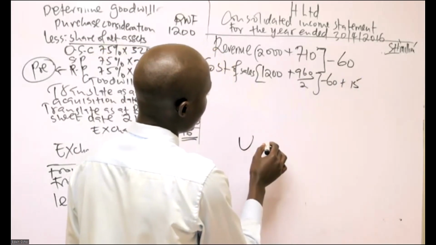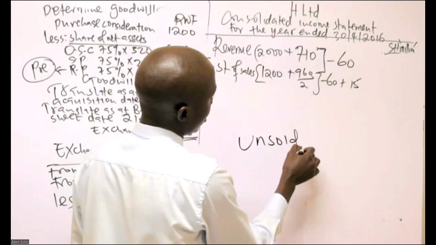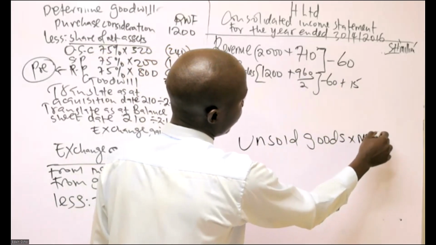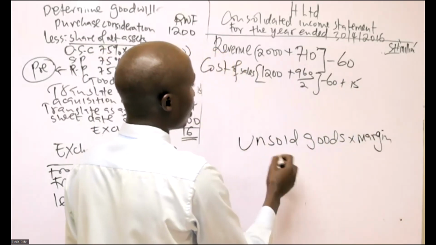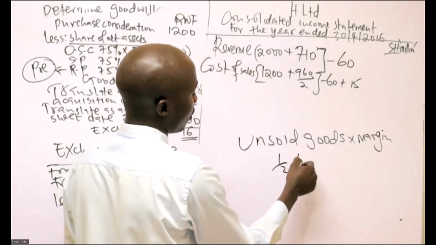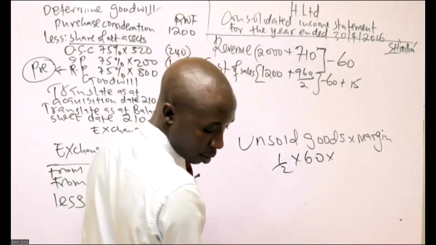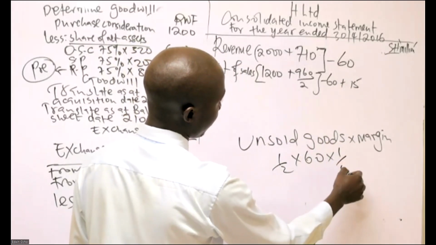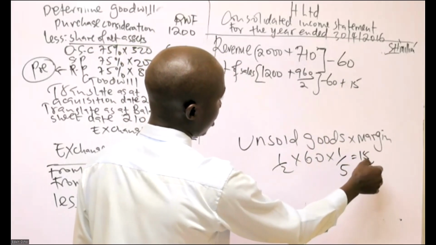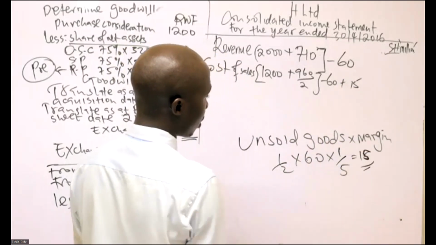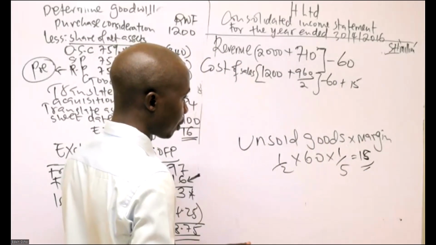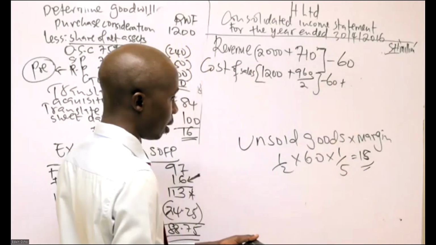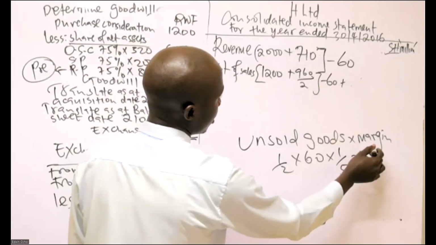It's all about unsold goods times margin. So a half of 60 times margin. In the question, I'm told the margin is 20%. It's 6.